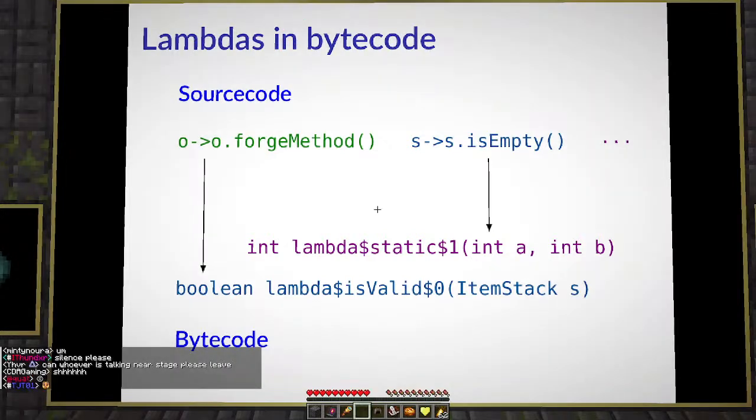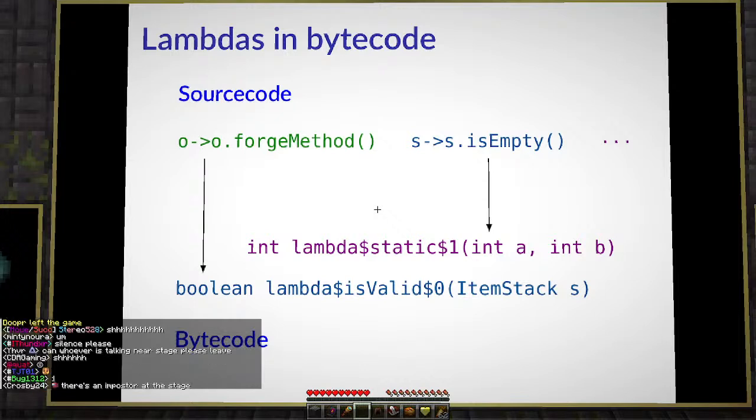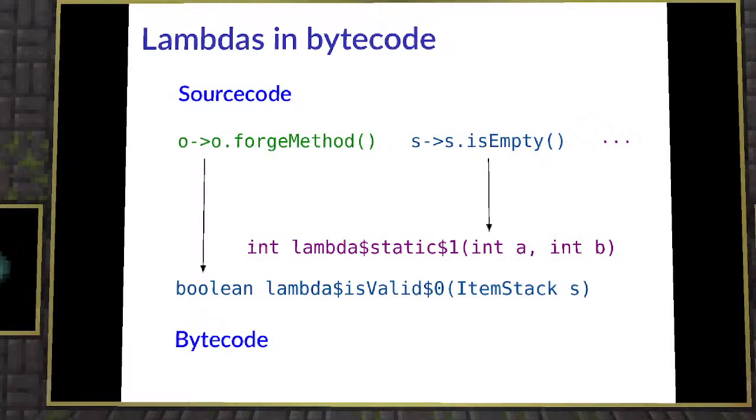So to prevent this, as you can see in those names of the implementation methods between the two $ signs, it has the name of the method where the lambda originated from, and SugarCane uses that to check whether a relationship can actually be valid.